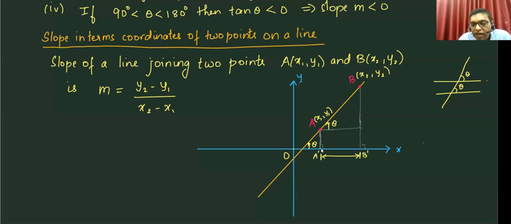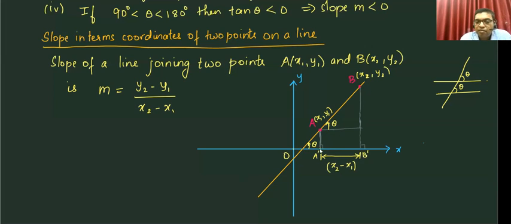This OA dash will be x1 and OB dash will be x2 by the definition of coordinates. OB dash will be x2, the x coordinate in the x direction. OA dash will be x1. So what will be A dash B dash? It will be x2 minus x1.